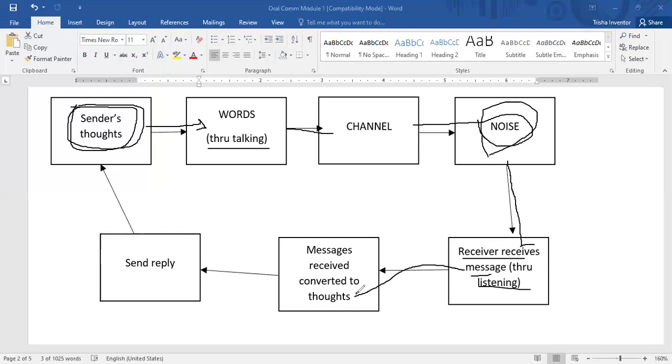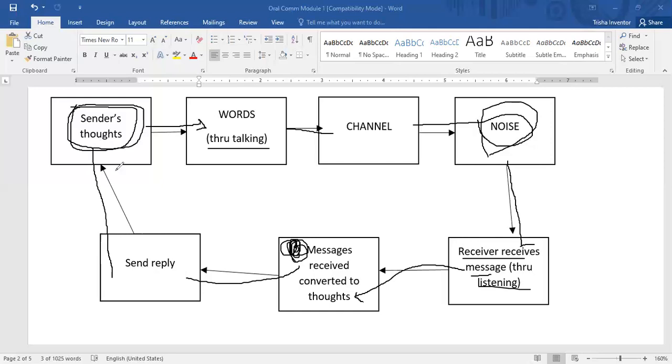So gikan sa inyong ears, that will go to your brain, and then your brain will process the message that you have received, and will process a reply. So karon kamo na pod ang mahimong sender. So ang inyong reply inyo na sad ihatag sa akoa.